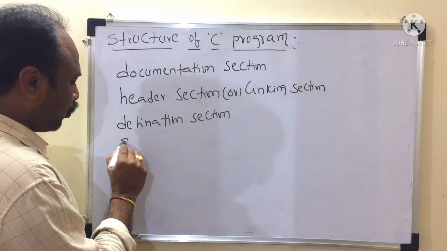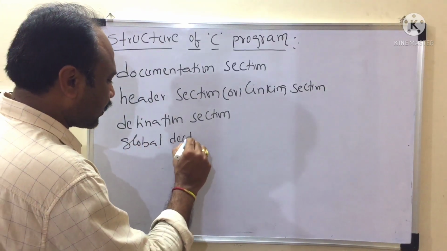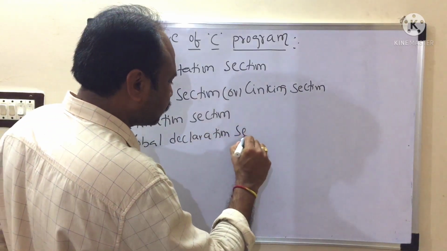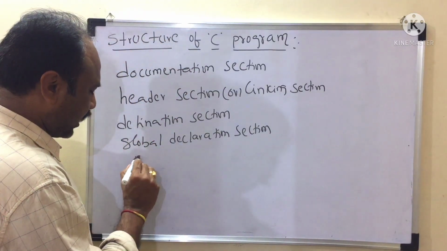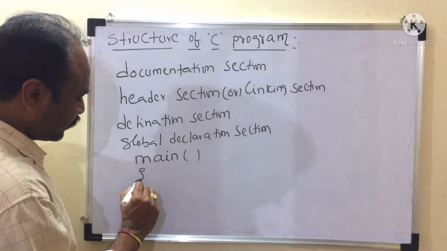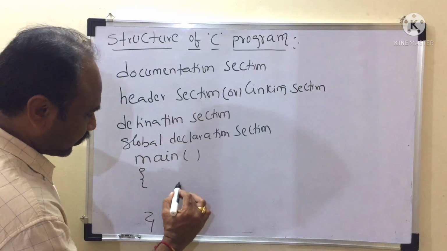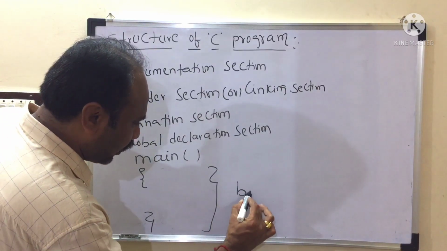Next, the global declaration section. Next, main. This is called the starting, and this is called the ending. Whatever part we are writing here is completely called the body part.